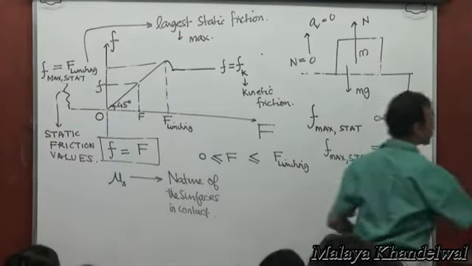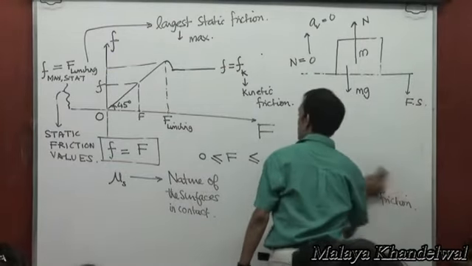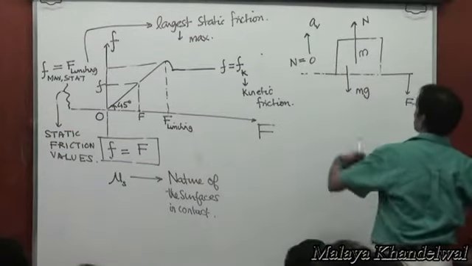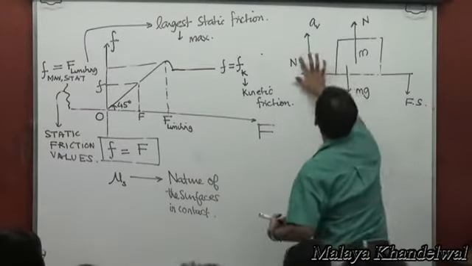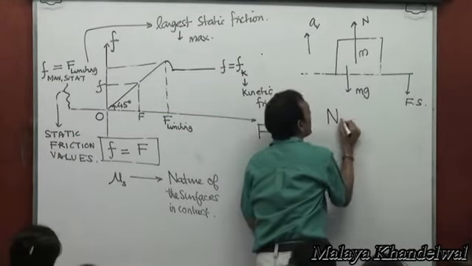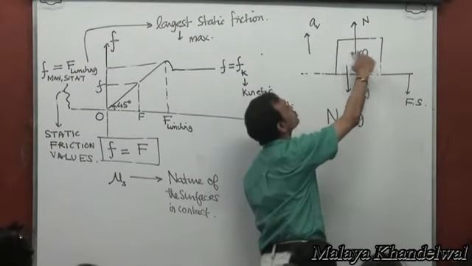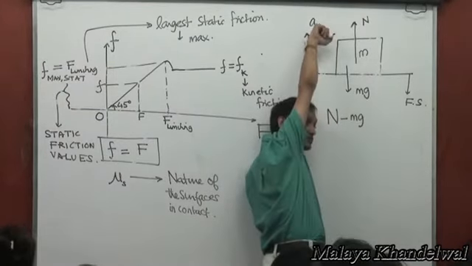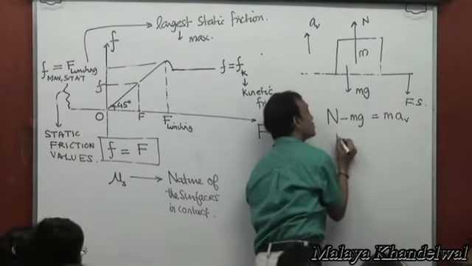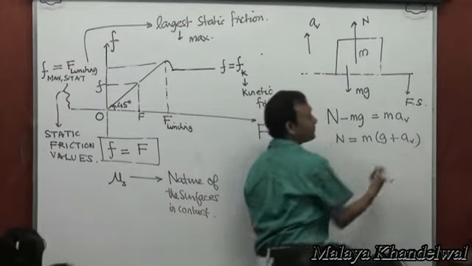But if the acceleration in the vertical direction is not 0, then I have N minus mg as the net vertical force acting on small m responsible for creation of a B. So this must be m times the vertical acceleration. So then N is no longer equal to mg, N becomes m into g plus a B.